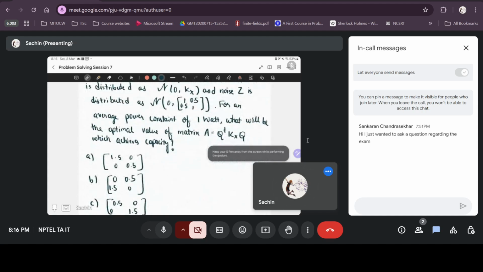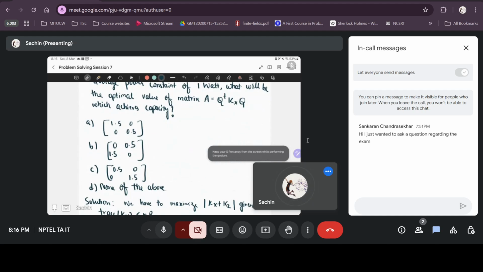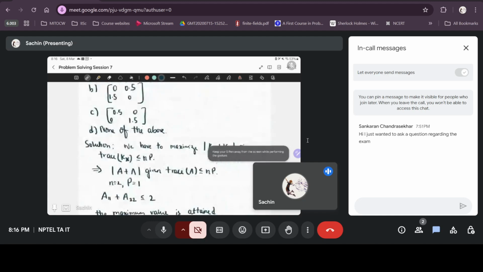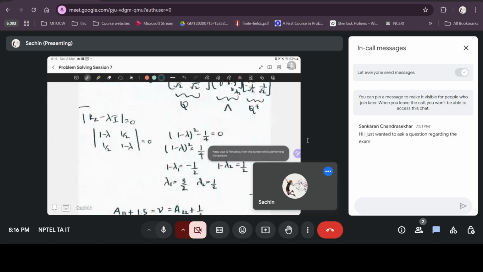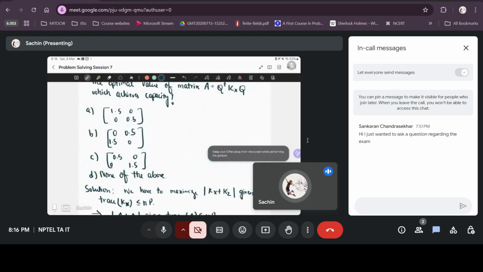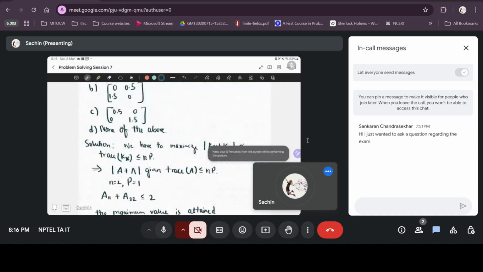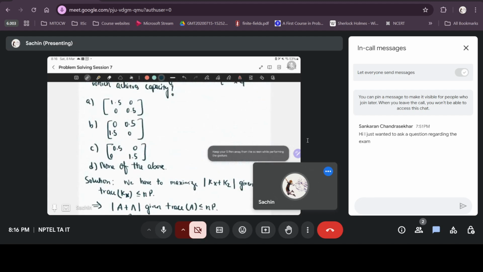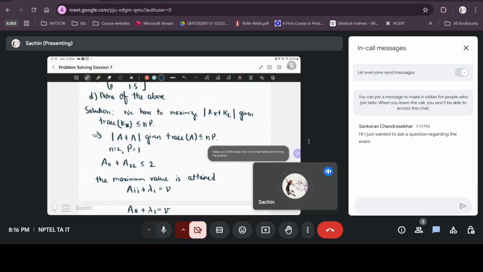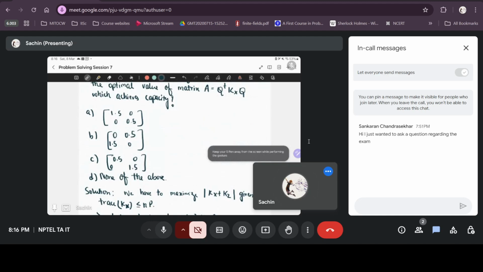Then A is Q transpose KX Q. So we have the diagonal elements 1.5 and 0.5, which is option A. Sorry, A11 was 0.5, A22 was 1.5, which means it's option C.